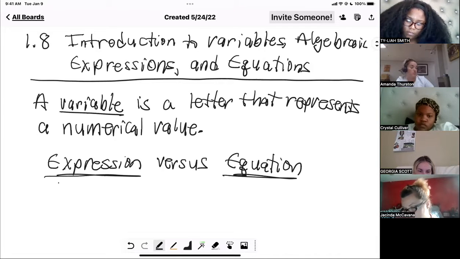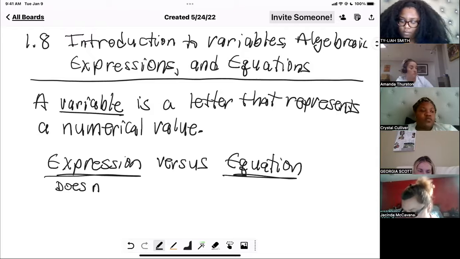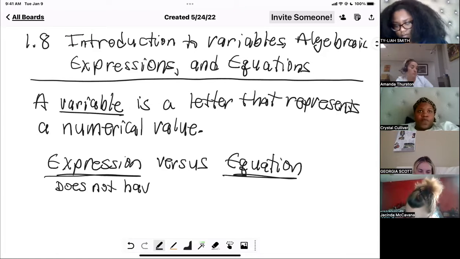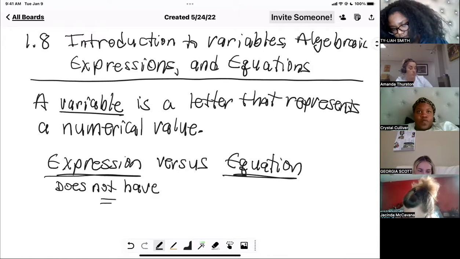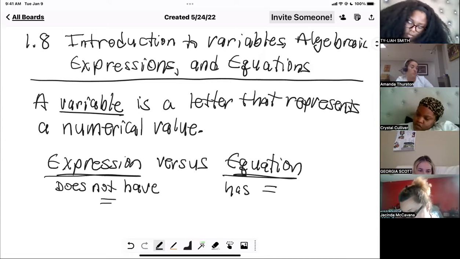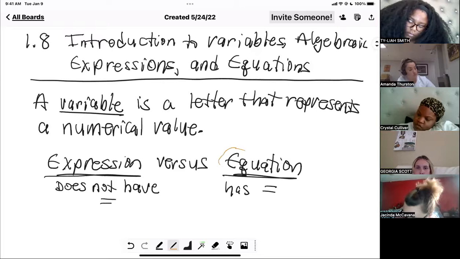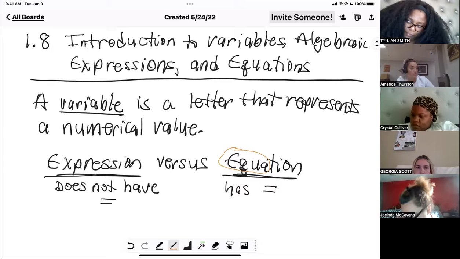An expression does not have an equal. Equation has an equal. And if you look at the word equation, you almost see the word equal in there, without the L. So equation has that equal part.